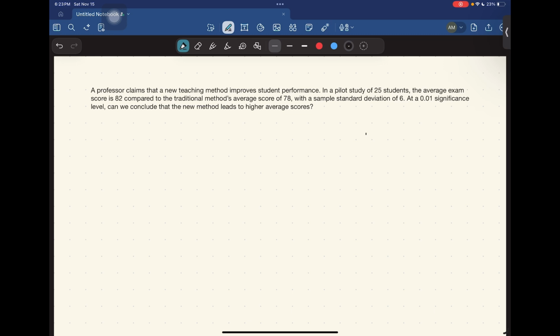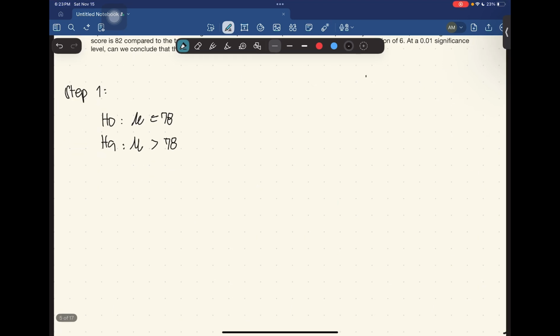So, our first step is state the null and alternative hypothesis, where our null hypothesis is equal to 78, while our alternative hypothesis is greater than 78. Next step is determine the level of significance and the direction of test.